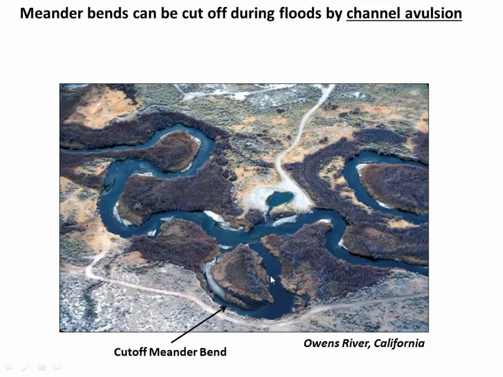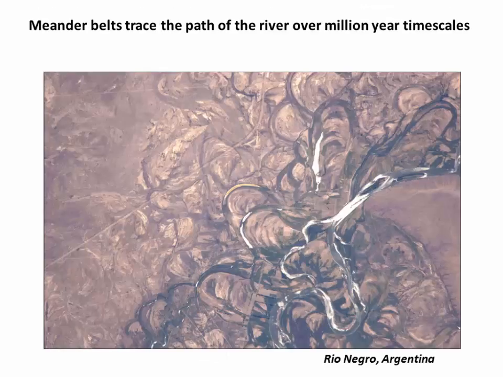So this meander bend is now abandoned. It's basically a little backwater pond, and it's eventually going to fill with sediment and just become part of the landscape. So if this process of meander migration and meander cutoff continues over millions of years, we end up with what's called a meander belt. And we can see an example of that here, taken from space, of the Rio Negro in Argentina.